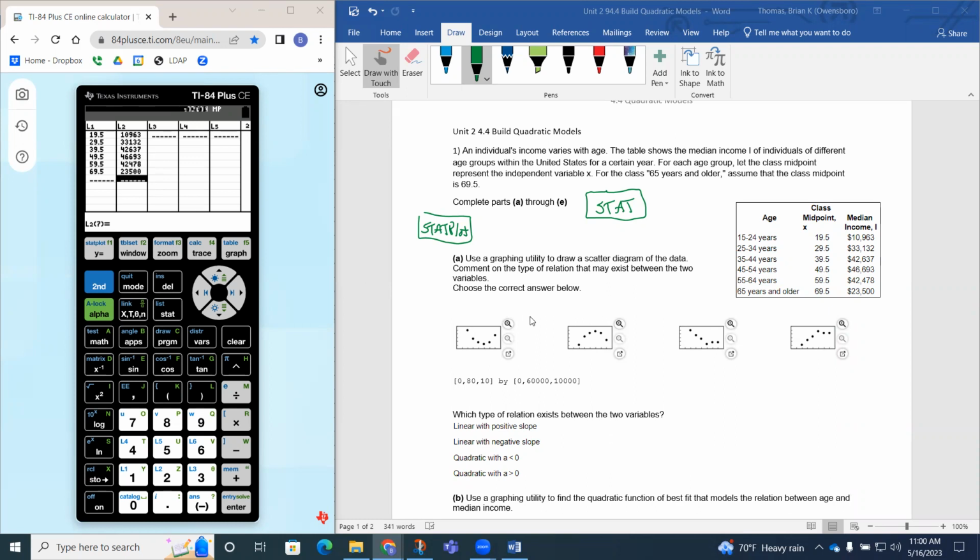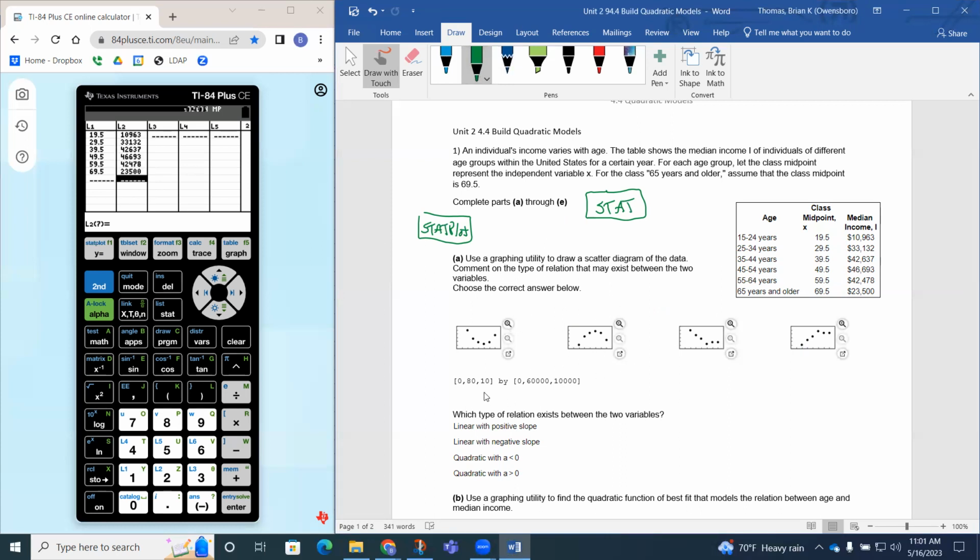So the next thing is we're going to try to identify which of these graphs it should mirror. And again, notice how it should start out low, and around the middle, it peaks out and goes back down. So my instincts right now are leaning me towards this graph here.